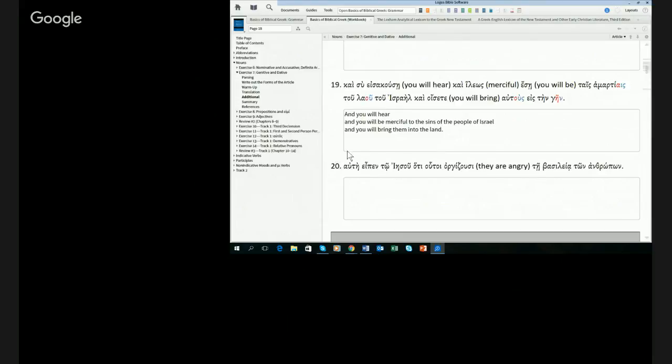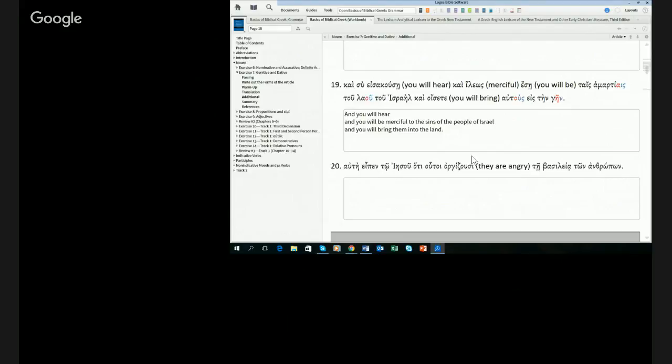Kai oiseis, and you will bring autous, it's accusative plural, you can see the accusative plural case ending, and you will bring them. Eis is a preposition. Be very careful: the masculine form of the number one is heis, with a rough breathing.